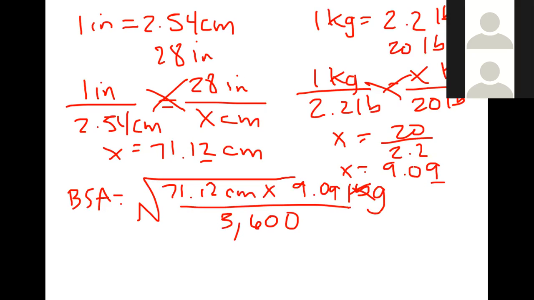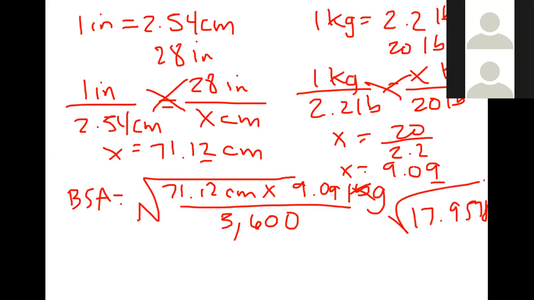So if we set that up in the calculator, 71.12 times 9.09 divided by 3,600 is equal to 17.9578.